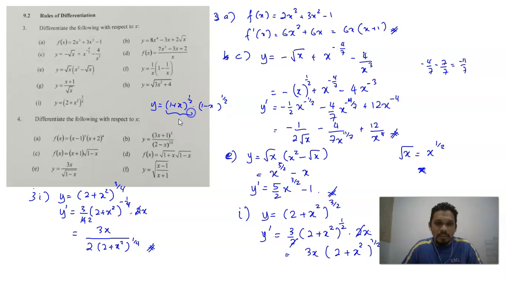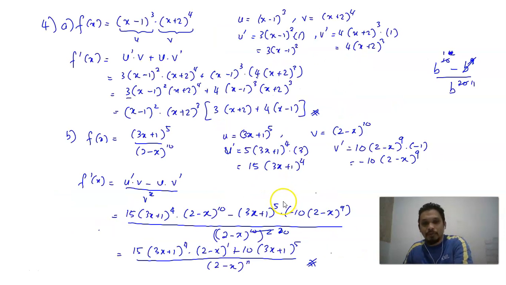So this is our u and this is our v for question D. And for this one here, it is (x minus 1) to the power of half divided by (x plus 1) to the power of half. So for question F, please refer to question 4b here. It's still the same thing.